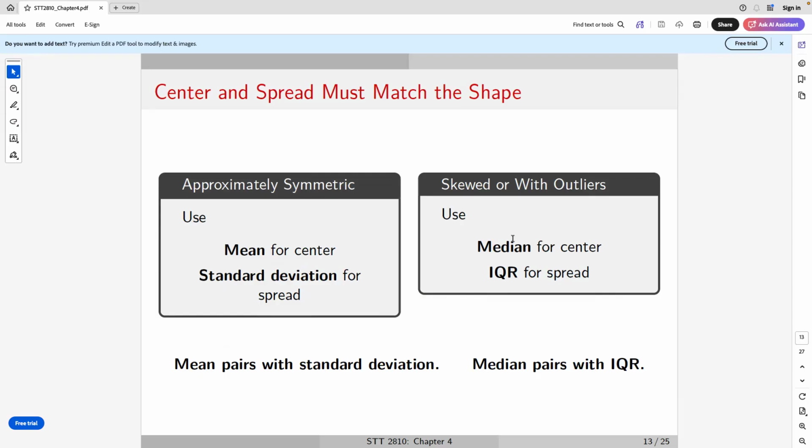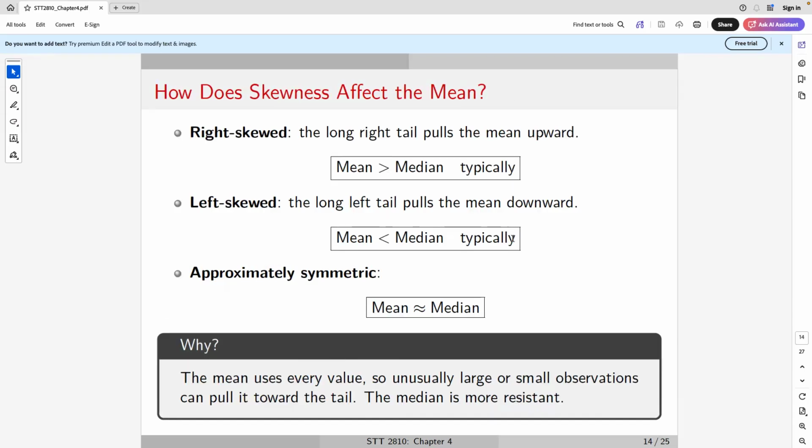And so the median and the IQR are resistant to those unusual observations. That is why we rely on them for the measure of the center and the spread. Last time we talked about this. If a distribution is right skewed, it means the mean is greater than the median. If approximately symmetric, the mean and the median are usually the same.